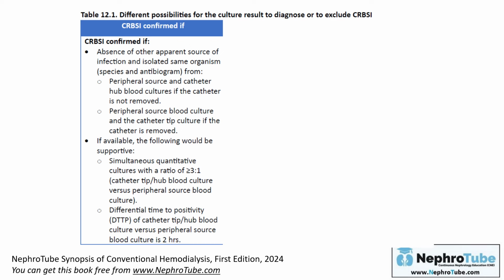Also, if the microbiology unit tells you the differential time to positivity, that the catheter cultures, whether tip or hub blood culture, showed positive organisms 2 hours before the peripheral blood culture, this supports CRBSI.